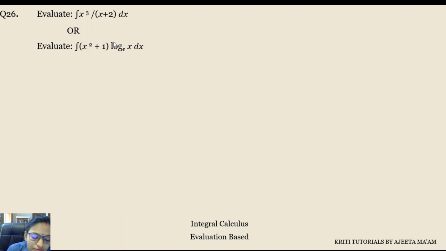Remember, if the degree of the numerator is greater than the degree of the denominator, then we do long division. That is dividing a polynomial by another polynomial. So here the degree of the numerator is 3 and the degree of the denominator is 1, so we will divide. Now let's divide it.